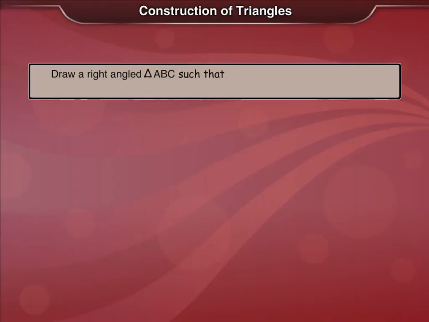Now we will construct the triangle accordingly. Draw segment PQ of length 4 cm. Take center P and radius 2 cm. Draw an arc on one side of PQ.